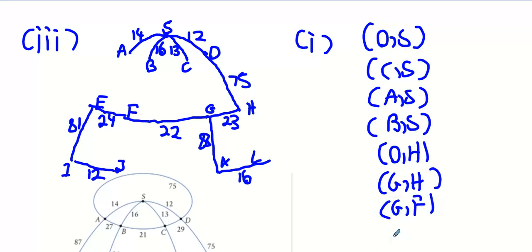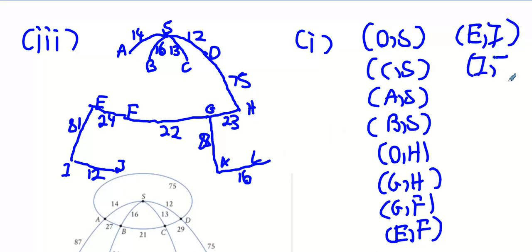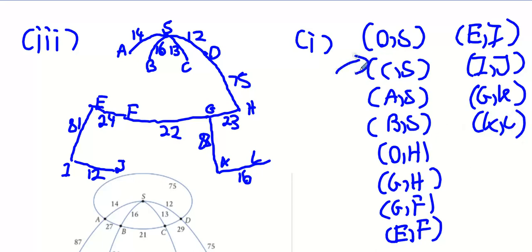Then we said E to F. And after that, what did we say? 81, E to I. And then after that, we said I to J. And after that, what did we say? GK. And after that, what did we say? K, L. So that's the answer to part 1. This is the answer to part 3. And 391 is the answer of part 2. Kilometers, right? All right.